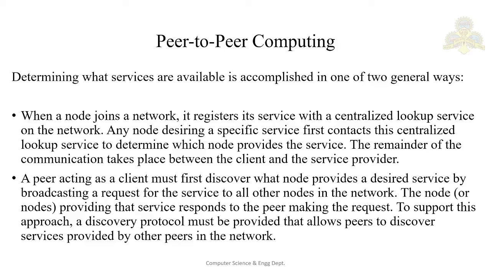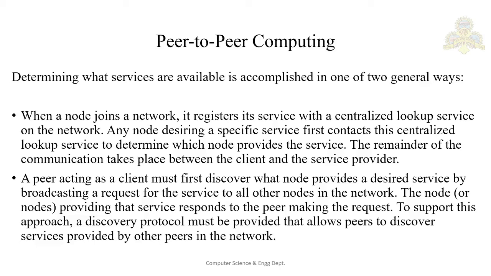Once it gets the response from all of them, the peer which made that broadcast request will check what it needs and directly talk to that particular node, wherein it does the work. So this is how the peers can talk to each other in peer-to-peer computing.